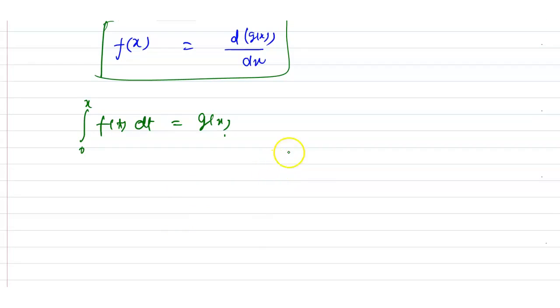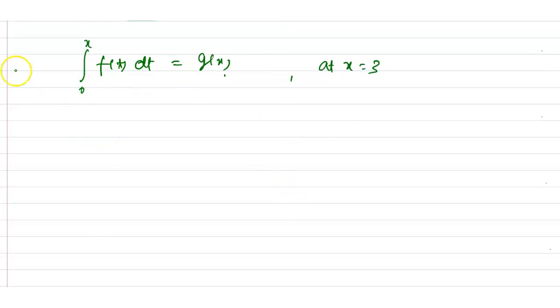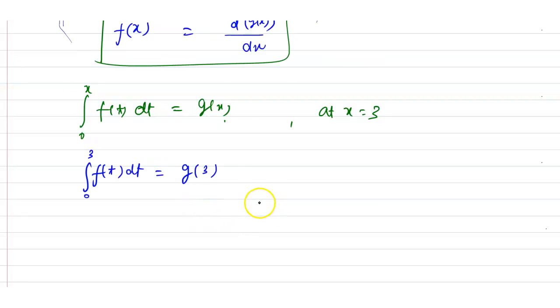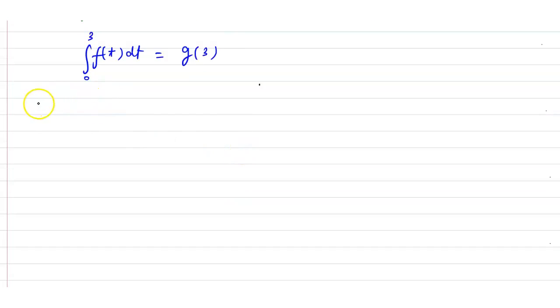At x equal to 3, I'm going to put the value 3 here, so it will be the integral from 0 to 3 of f(t) dt equals g(3), because I'm putting 3 in place of x only. How does it result in 3? Let me show you. We know a simple property: in a definite integral we can replace the variable t with x.